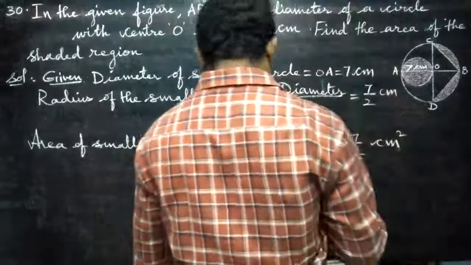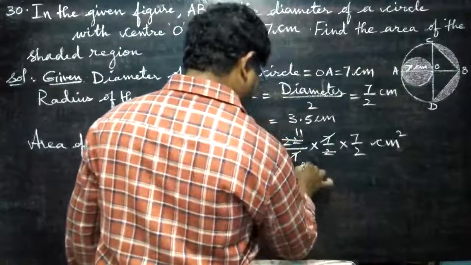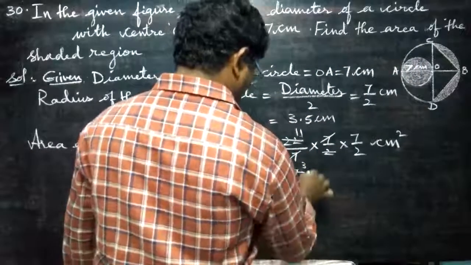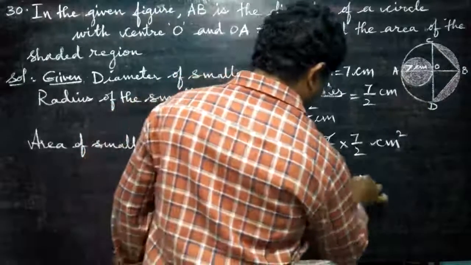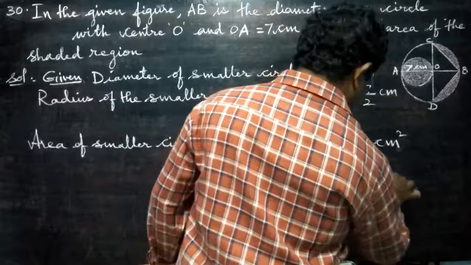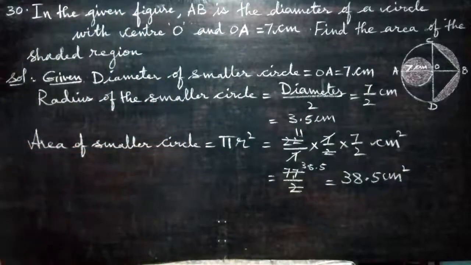Don't forget that one. Area always. With 2 you divide. 2 3s are 6, 1 remaining. 2 8s are 16, 1 remaining. So 5. 38.5 centimeters square. That is the area of smaller circle.